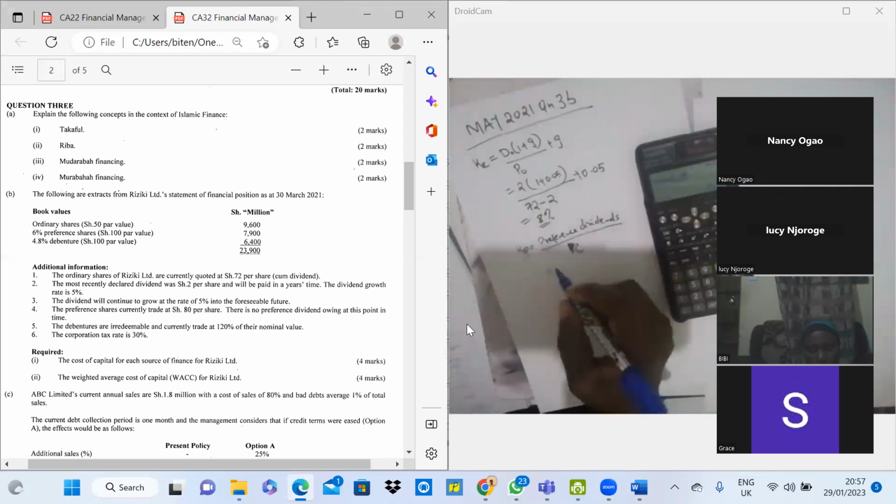So the preference shares we are told it's 6%. The par value is 100. They currently trade at 80.